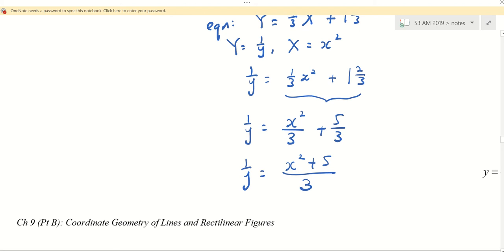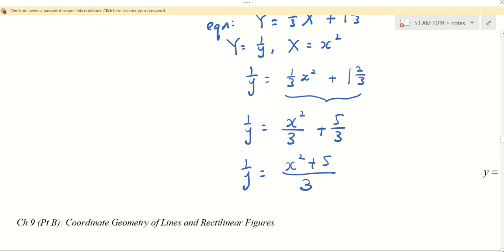Depends on how you want to look at it. Some of you will say, teacher, can I cross multiply, then bring over the thing. Some of you will say, if this is 1 over Y, this is something over 3, right? If I reciprocate it, then it will be reciprocal as well. So the answer will be Y equals to 3 over X squared plus 5. Can follow?